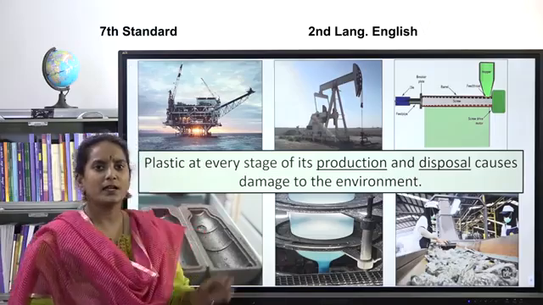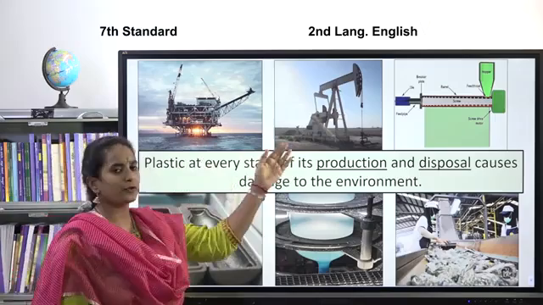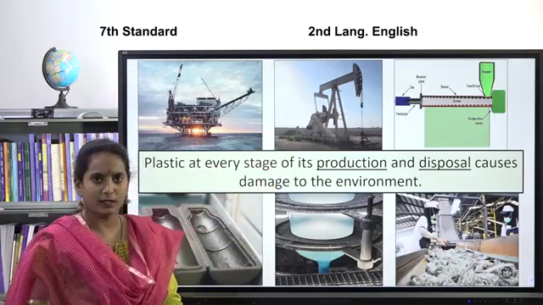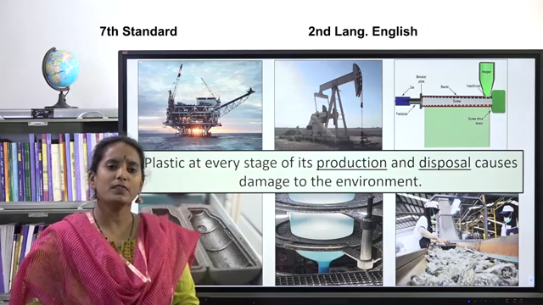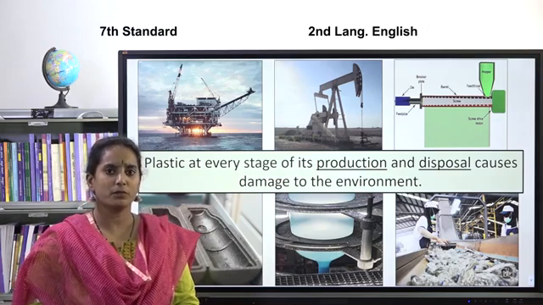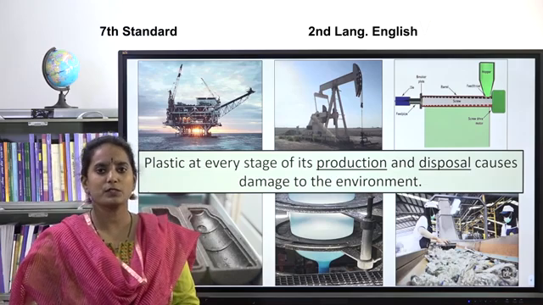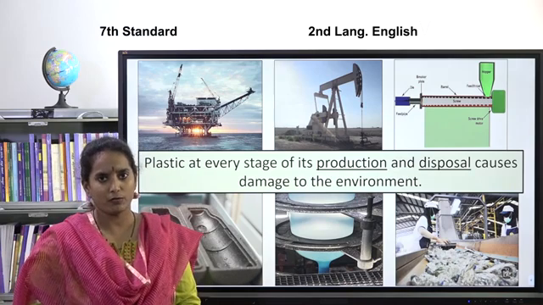As you can see, these are the different stages of production of plastic. At times, while producing the oil that is required for the plastic, there is leakage of oil in the sea. And in the factories that manufacture plastic, there is a lot of smoke that is let out.